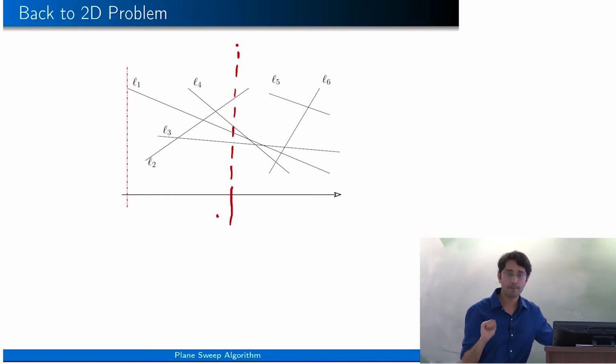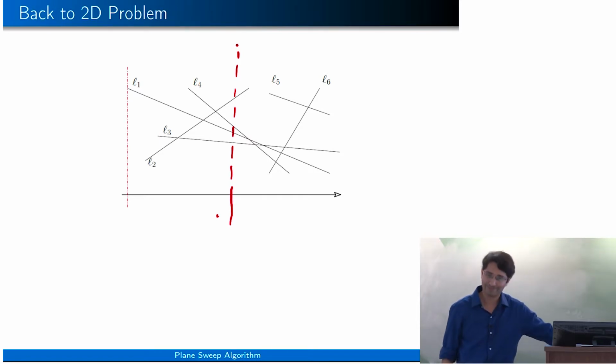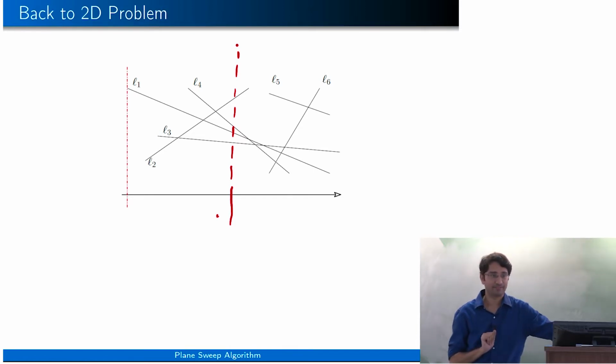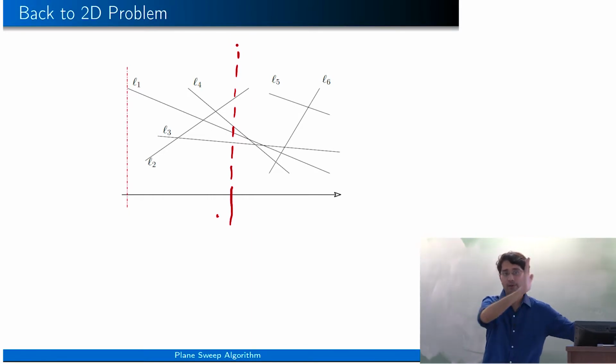Even if two lines do not intersect, maintaining left and right end points of each line, in which way is it going to help me? We'll see. But I can certainly start scanning from left to right, and I will stop at the endpoints.